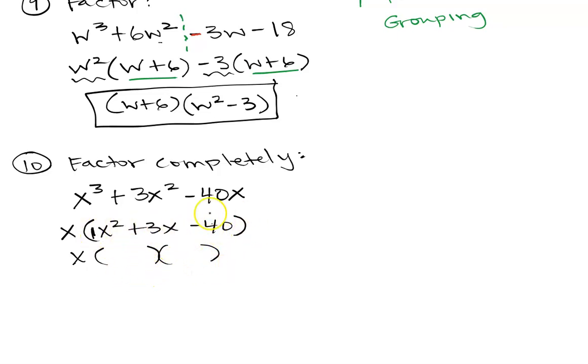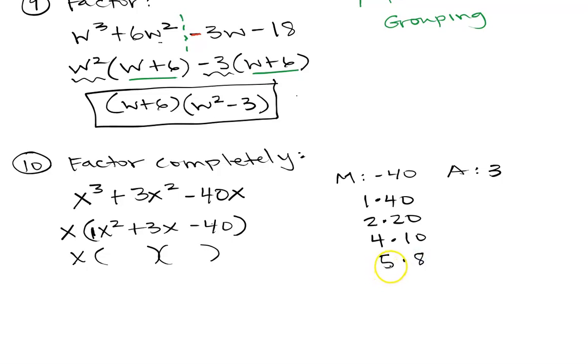And so I'm thinking what multiplies to be negative 40, that adds to be 3. All right, and if you're not sure, just list out all the possibilities that are there and work organized. 1 times 40, 2 times 20, 3 doesn't divide in, 4 times 10, 5 times 8, and that is it.